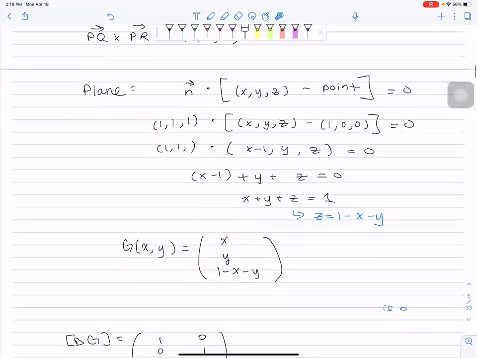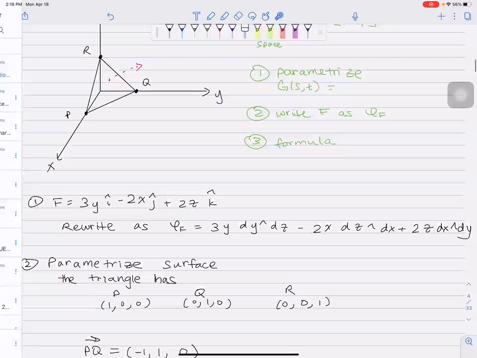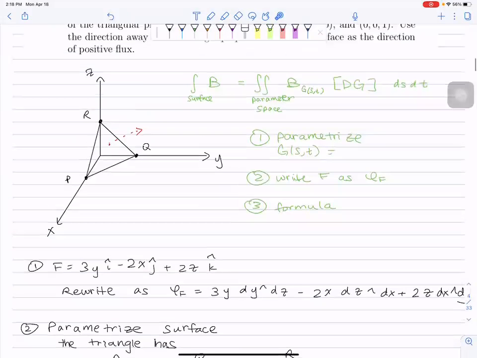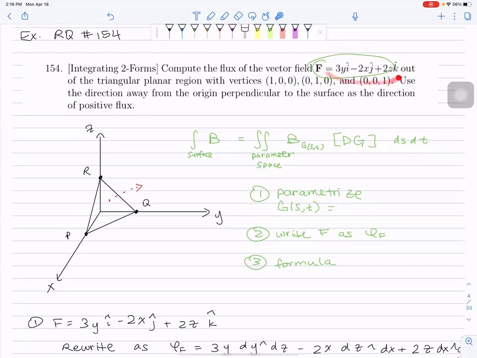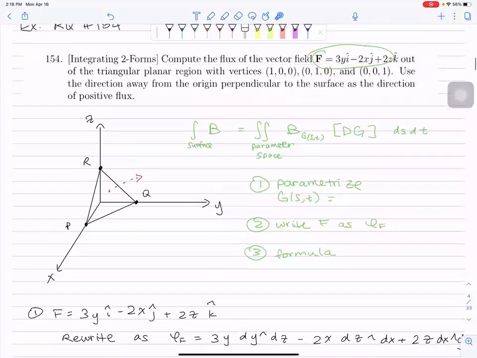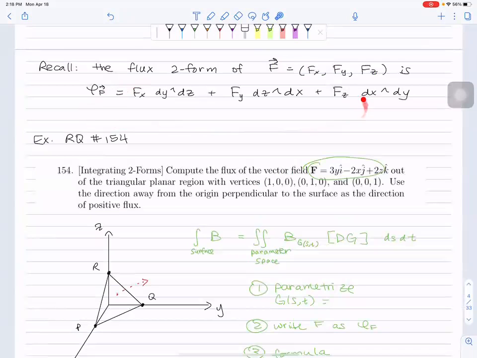Okay, so now we have our parameterization. What was my second step? We have to rewrite our vector field as a 2 form. Recall that a 2 form is written like this. The i component corresponds to dy wedge dz, so our first term should have 3y dy wedge dz, plus the j component corresponds to the second component, so we have minus 2x dz wedge dx.